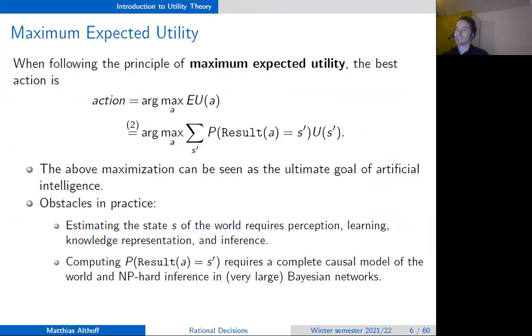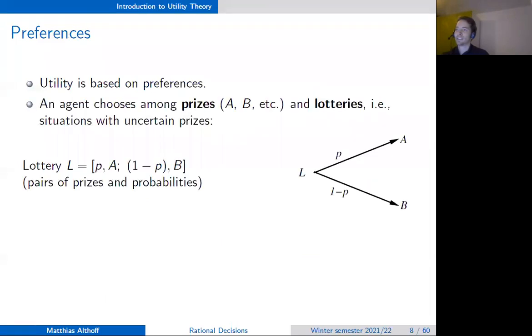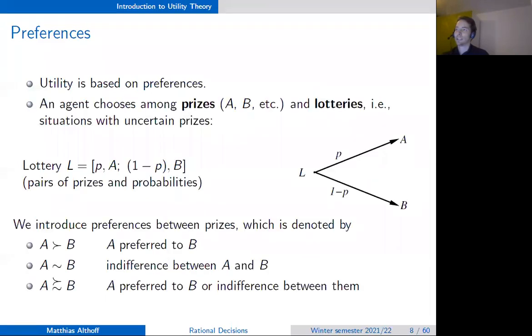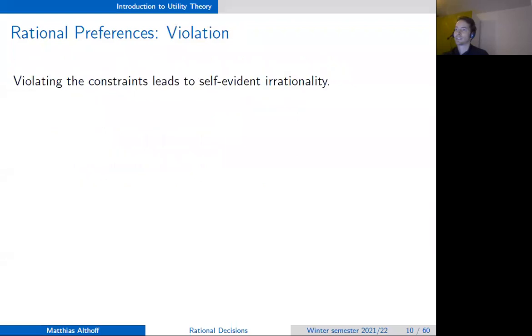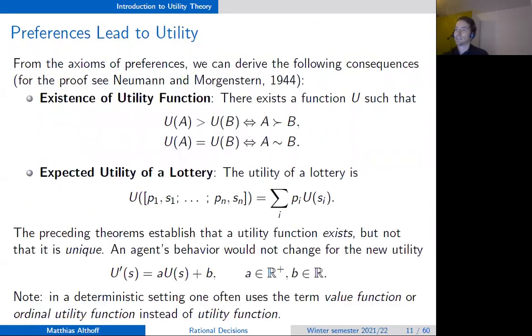So the U's are these U's of the lottery where we already factored in the probabilities of the outcomes. Because it's a lottery and not a prize, the mechanics change, and you cannot just add up the utilities.